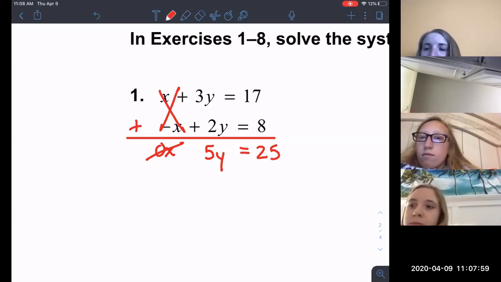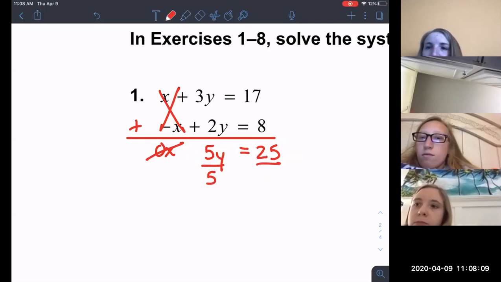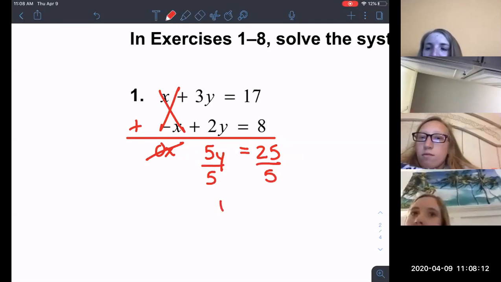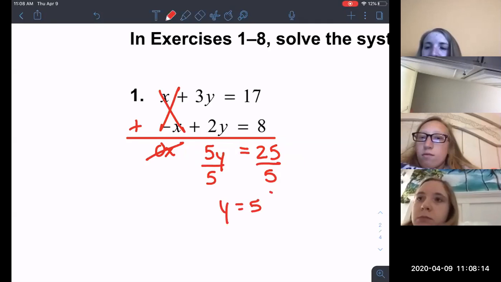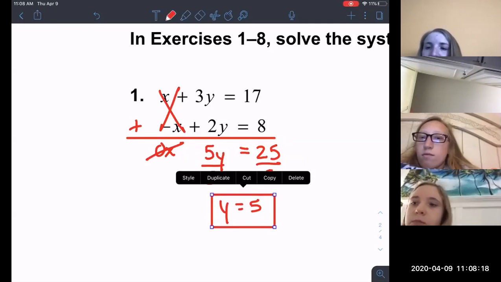So we need to eliminate one of the variables. Since we did that, we get this very simple equation: 5y equals 25. We divide both sides by 5, solve for y, and find that y equals 5. Okay, so now what do we do? Anybody?